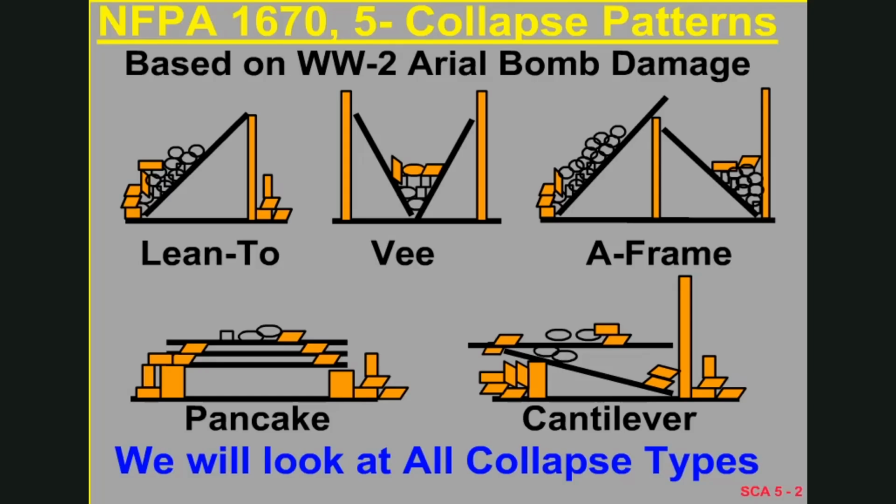spaces. With pancake and cantilever collapse, which are shown at the bottom, the cantilever, of course, is similar to a pancake in that in a cantilever, you just have a part of the structure sticking out like a diving board.